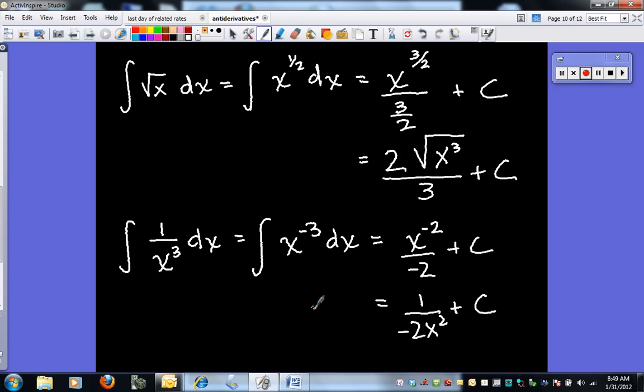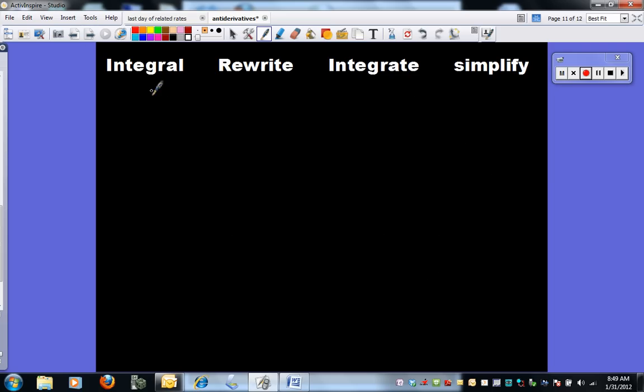Well, is this limited to just single monomials? Absolutely not. We can look at, and there's our kind of review of what we're talking about. We can have the integral of 5x squared plus 2x dx. And we could rewrite it if we need to. In this case, we don't need to rewrite it. We can integrate it.